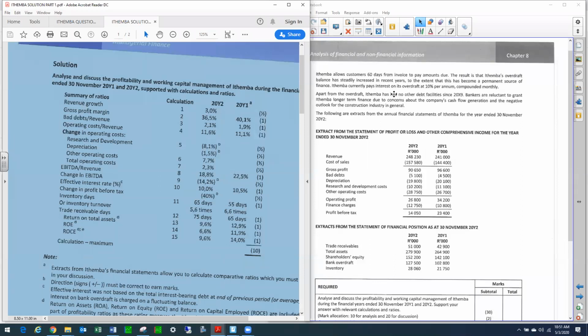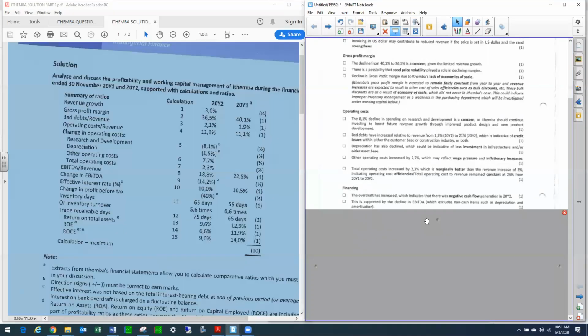What else does the question say? It's had no other debt facility since 20X9. Should you be financing everything through an overdraft or should you be getting long-term debt? Long-term debt. Is that all right? So you should just mention it inside the solution itself.